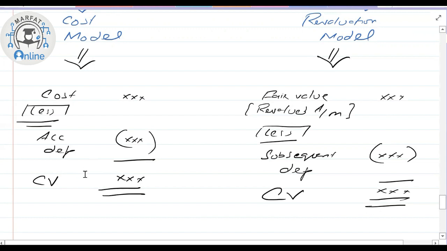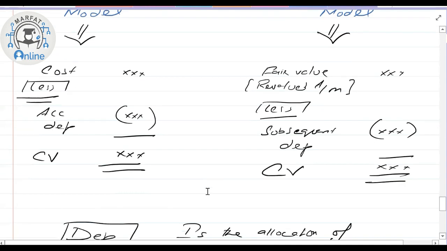For example, building: it changes its value, so we take the building in the revaluation model. Similarly, machinery we take in the cost model because after 5 years it will have no value, sometimes 10 years, whatever the nature of the machinery is. So fair value means the revalued amount less subsequent depreciation.